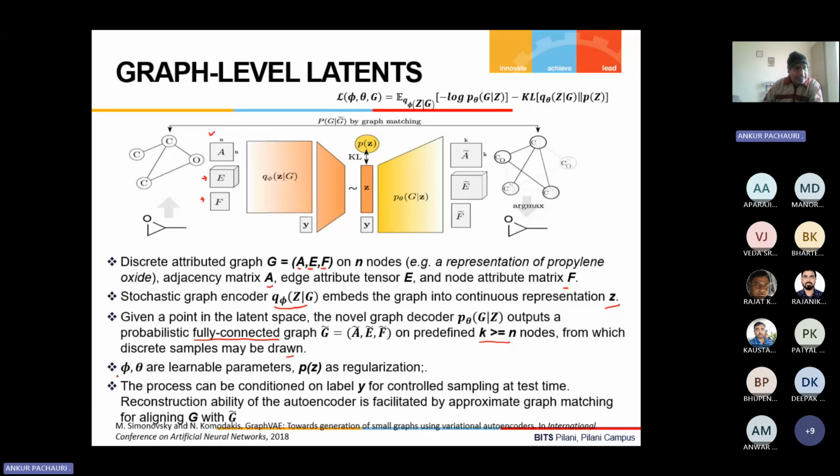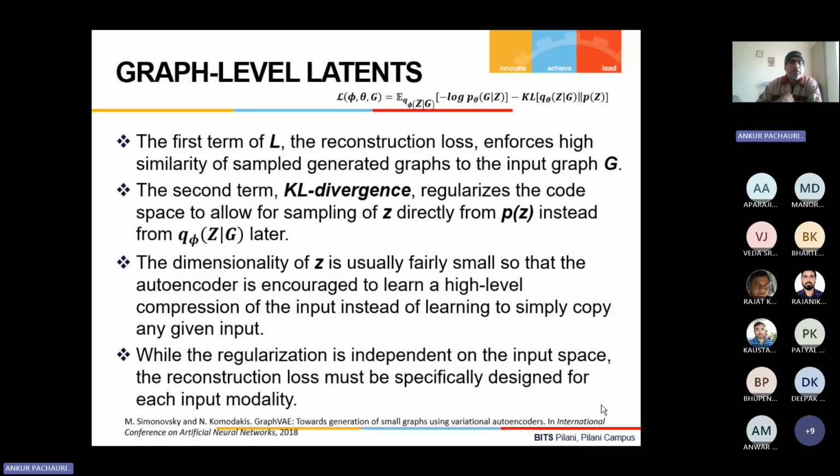Theta and phi are the learnable parameters. p z is a regularization, and the process can be conditioned on a label y for controlling the sampling at test time. The reconstruction ability of the encoder is facilitated by approximate graph matching to align G and G prime, so a graph matching algorithm for G and G prime can be used.